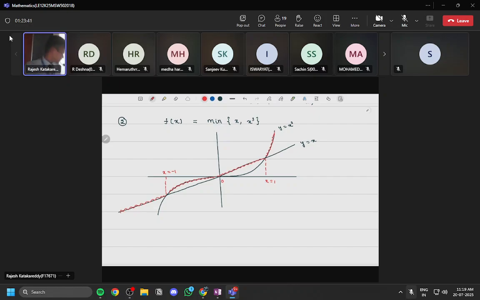Now the function f of x will be equal to x cube when x is less than -1, the same as x when -1 less than or equal to x less than 0, again x cube when 0 less than or equal to x less than 1, and x when x is greater than or equal to 1. Normally from the graph, 1, 2, 3 turns are there. So therefore, 3 points of non-differentiability.